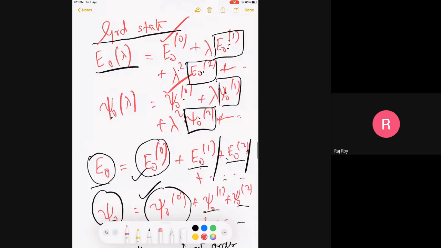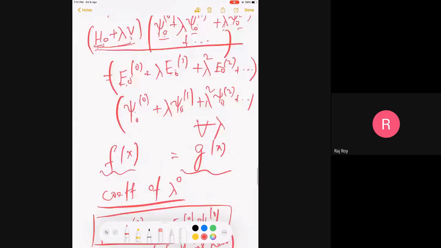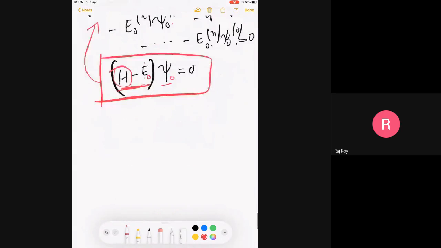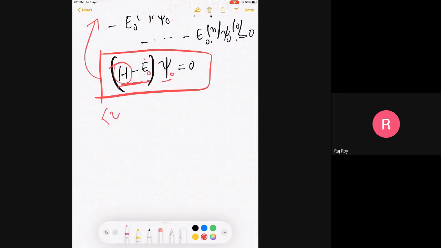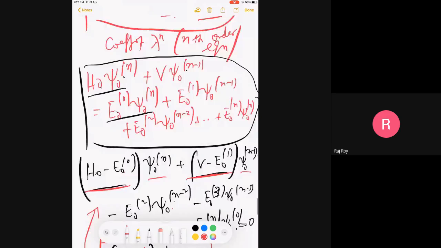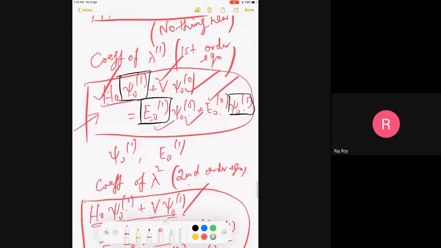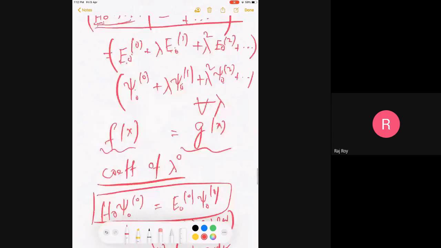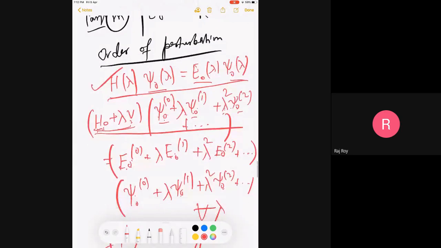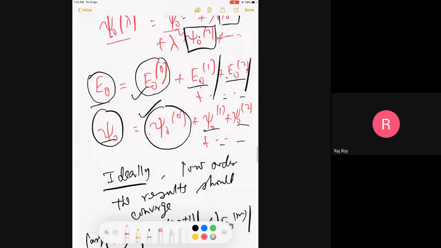The way I have written the wave function, I have already assumed intermediate normalization, which means, if you remember, that the 0th part, psi 0, 0, and psi 0 is equal to 1. So that is already there. This is already 1. Right? This is already 1.